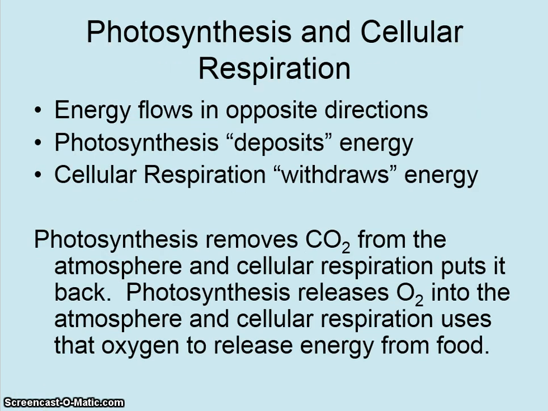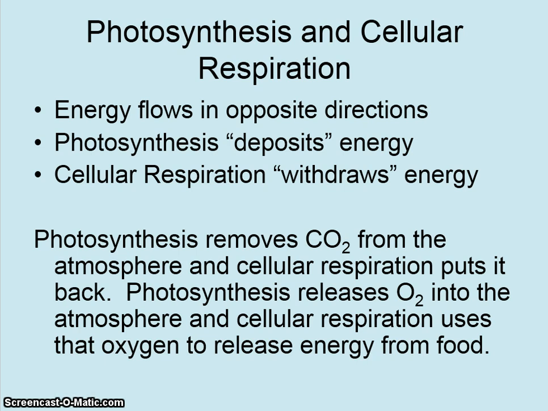So photosynthesis and cellular respiration are opposites of each other. Respiration is the photosynthesis formula backwards. It's the energy flowing in opposite directions. Photosynthesis deposits energy in the form of making glucose. Cellular respiration withdraws that energy so that it's used.